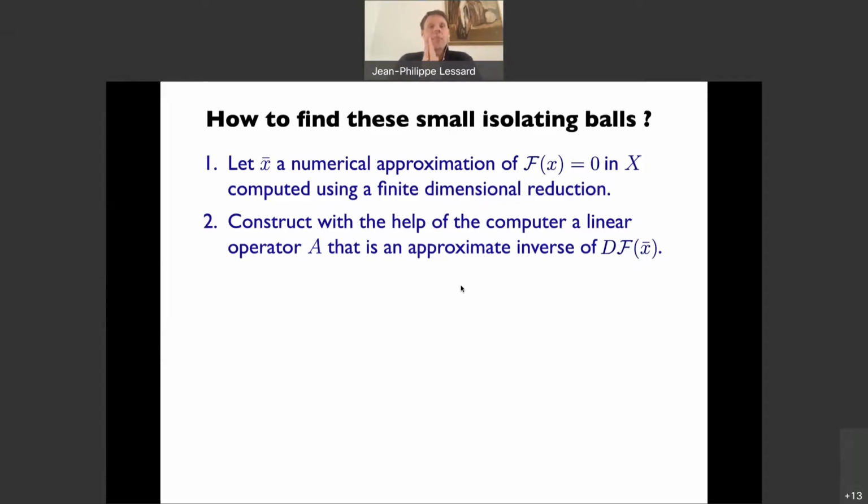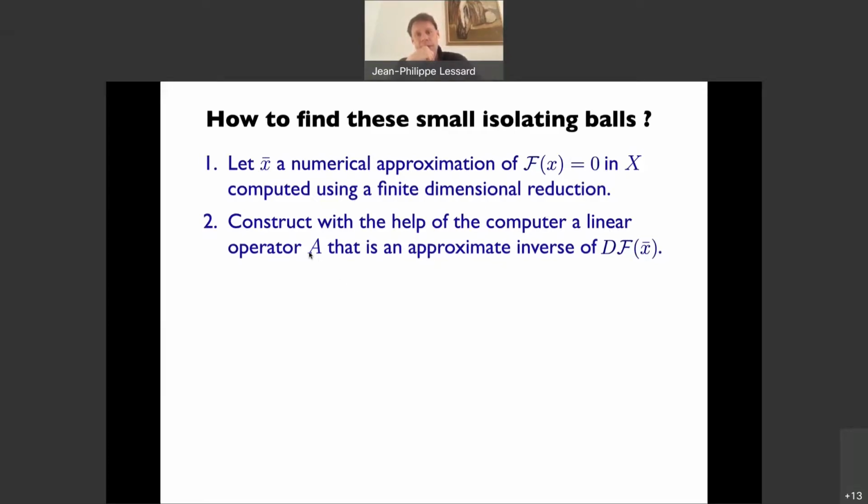We construct an approximate inverse for the Fréchet derivative of the map at the approximate solution. I'm using slightly abused notation here. Even though it's a numerical approximation, I can still embed it in my infinite dimensional space and think of that as an element of my infinite dimensional Banach space. So basically this here really is the true Fréchet derivative at x bar.